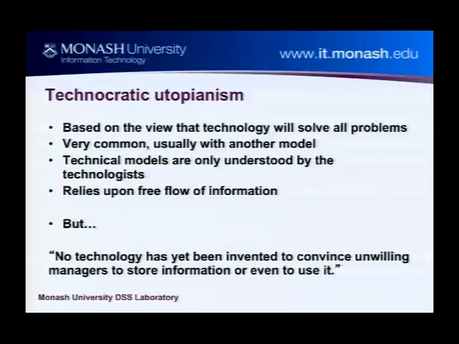So as I said, this kind of approach was often deployed to try to break down the information hoarding or the gatekeeper situations that you get with the anarchic or the feudalistic kind of models or cultures that Davenport identified. But there's this great quote in the book from one of the managers in one of the organisations they went and did a case study on: there's been no technology that's been invented to convince unwilling managers to store information or even use that information that's being stored.